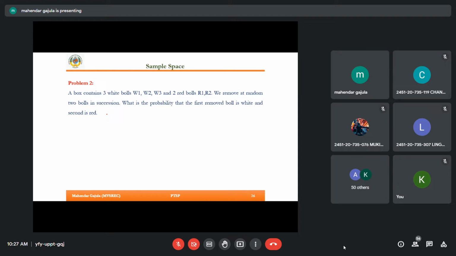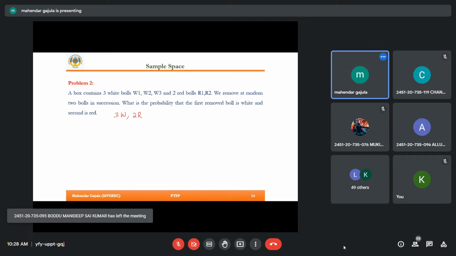A box contains 3 white balls, W1, W2, W3, and 2 red balls, R1, R2. We remove 2 balls in succession.